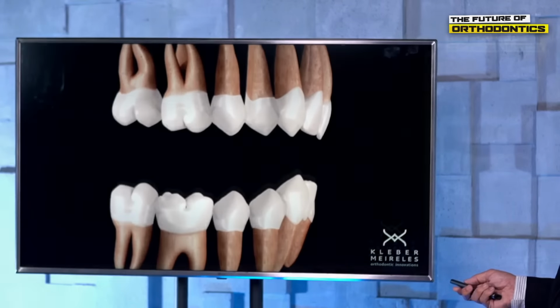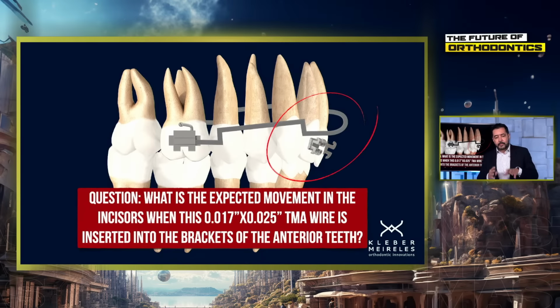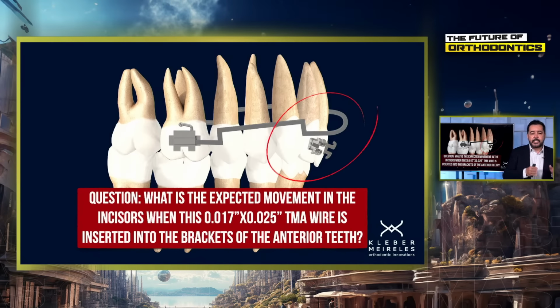The upper incisors, they seem to be what in this case? The question is, what is the expected movement in the incisors when this 17x25 TMA wire is inserted into the brackets of the anterior teeth? So most of you, I'm sure about it, are going to say that they are going to intrude.